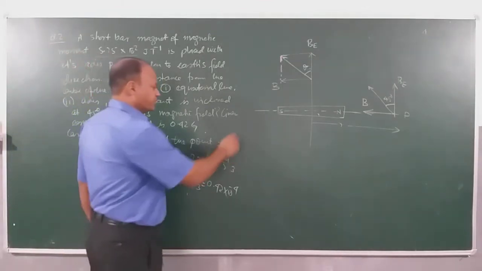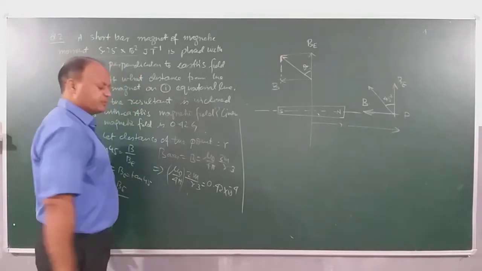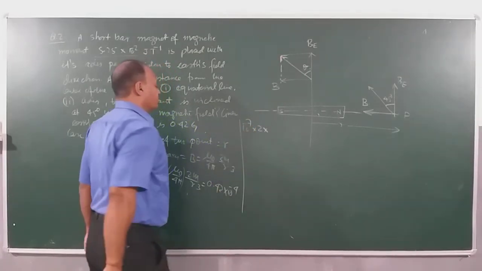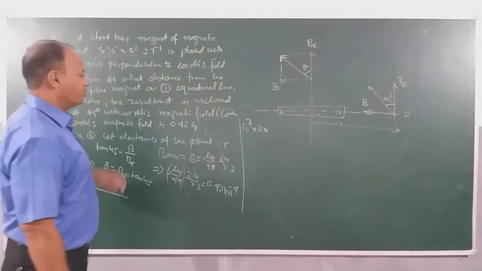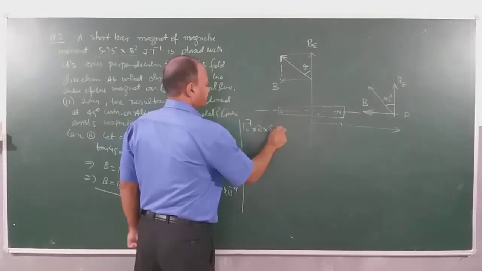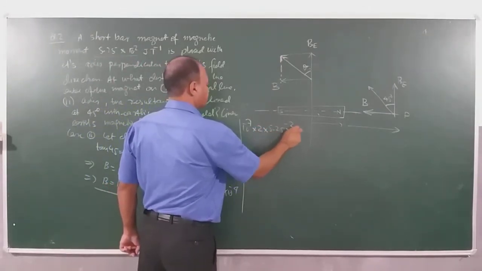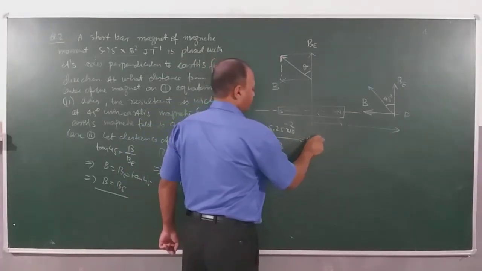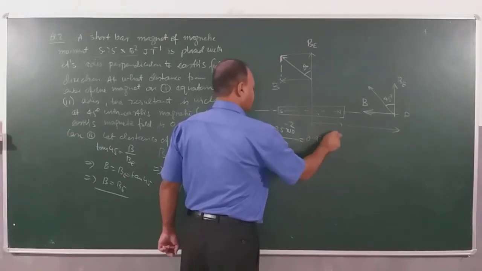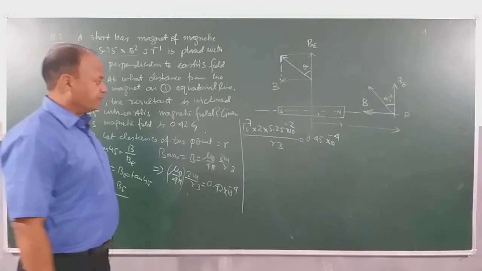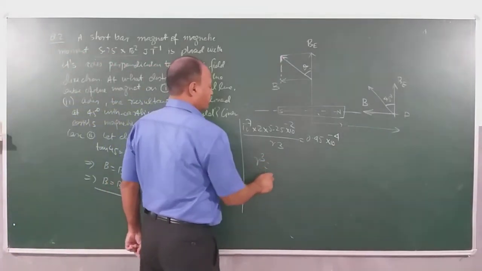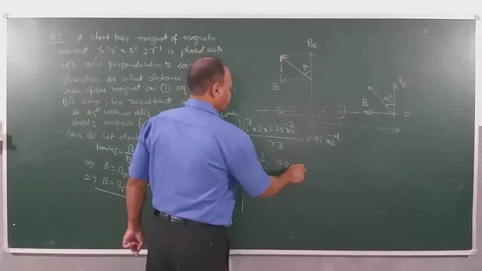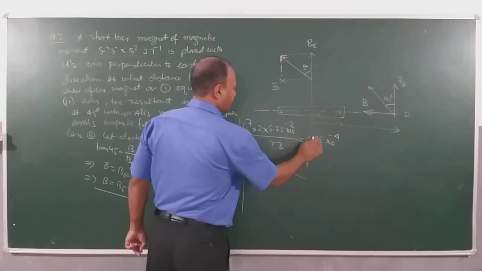So if you solve it here, put in the values. Mu naught by 4 pi is how much here? 10 power minus 7. So 10 power minus 7 into 2 into how much is m? 5.25 into 10 power minus 2 divided by R cube, children, equals 0.42 into 10 power minus 4, right? So we solve for R cube. R cube is equal to 10.50 into 10 to the minus 9 divided by 0.42 into 10 to the minus 4.